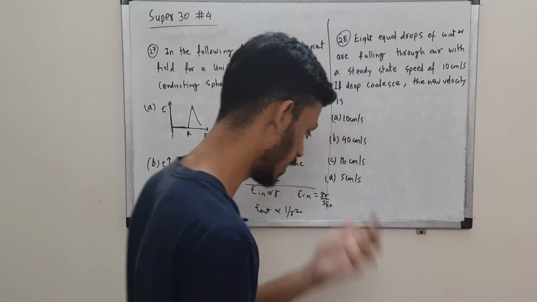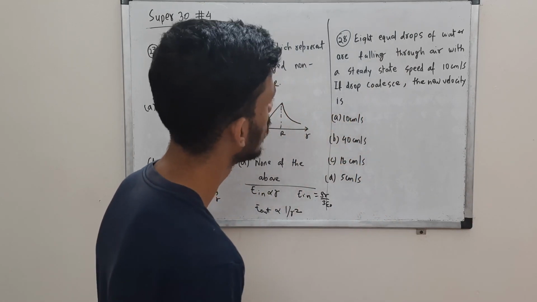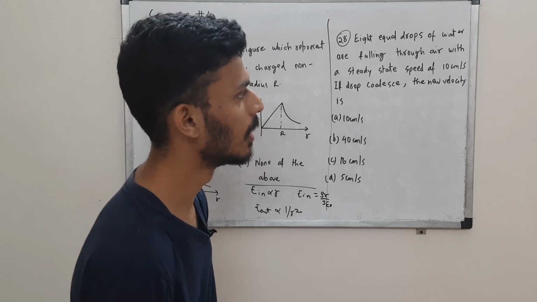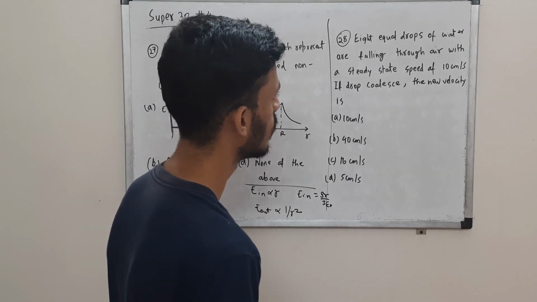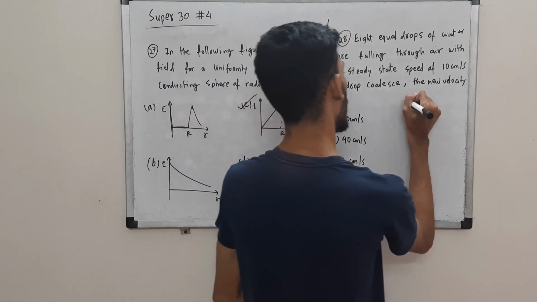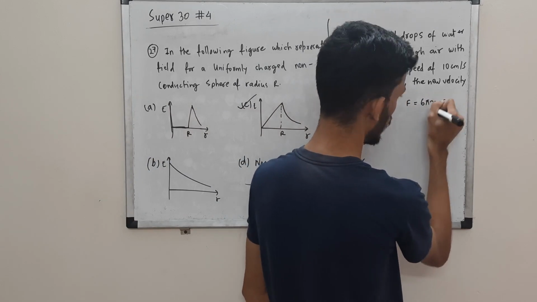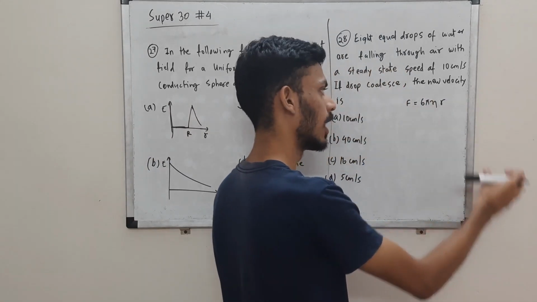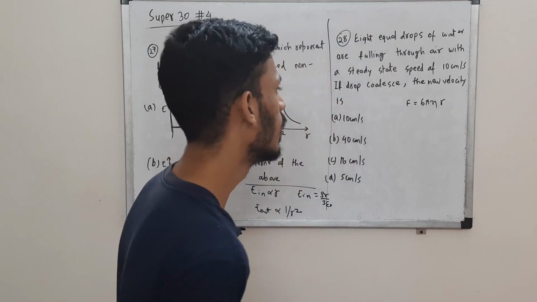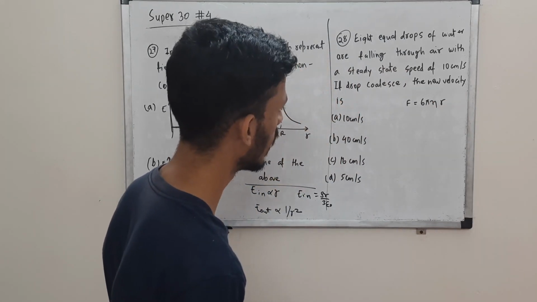You can use the concept of terminal velocity, either the direct formula, or we can use Stokes law, because F is equal to 6 pi eta r v. We can write this for the small drop, and also for the big drop, and then wisely manipulate and get to our answer.